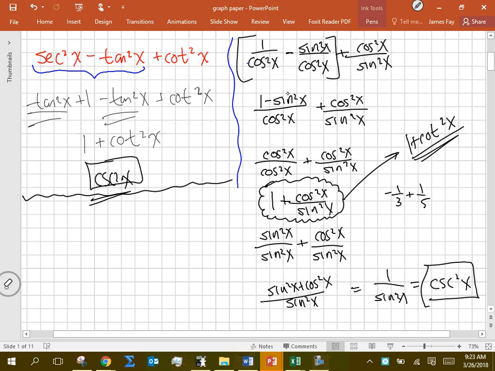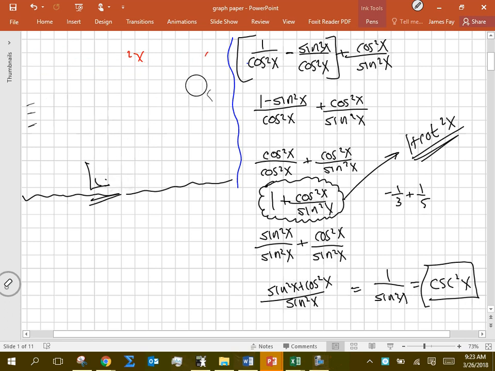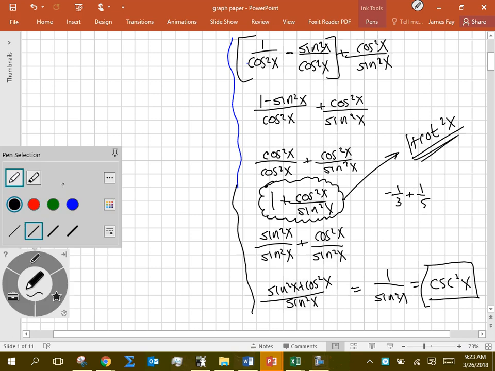Let's do this a third way. Let's do it over here. This third way is going to, I think, help you realize how beneficial doing that was.